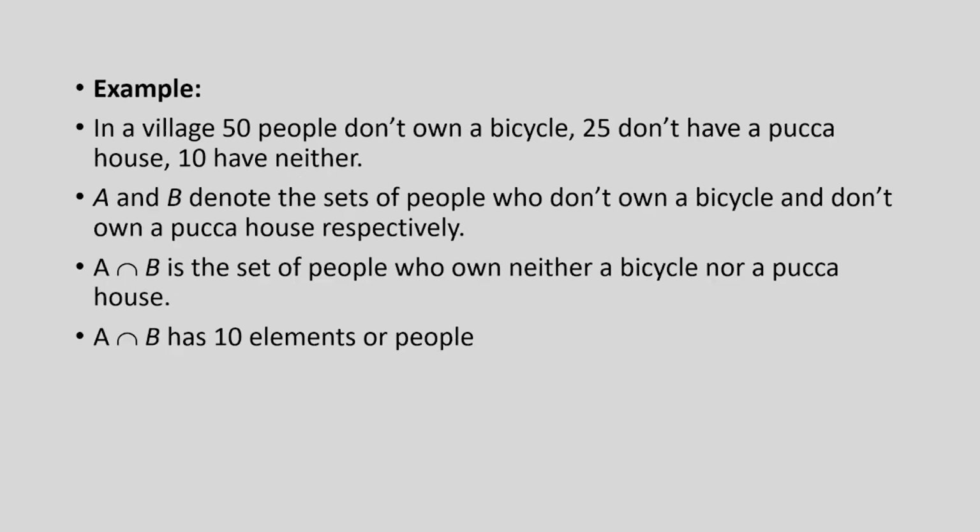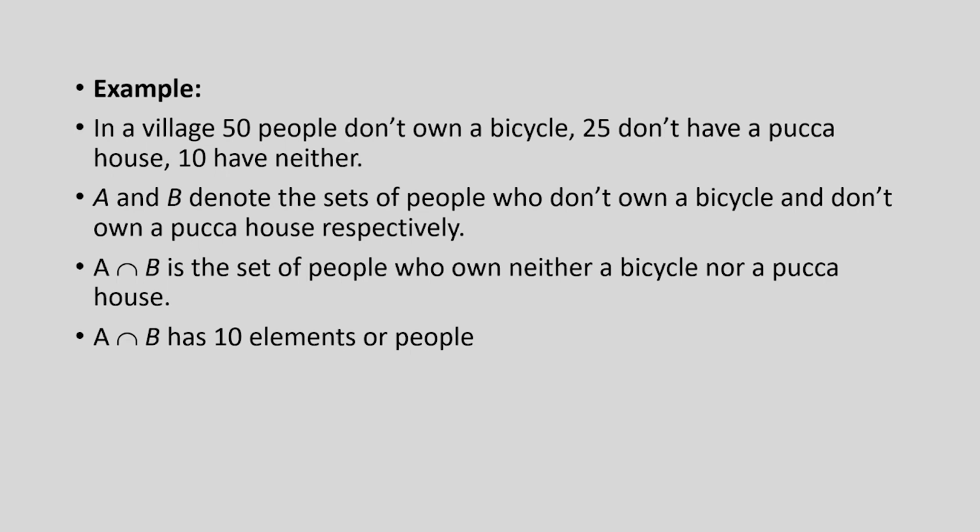Okay, now I am going to take a more real life kind of example. This kind of example one encounters in economics. In a village, 50 people do not own a bicycle, and 25 do not have a pakka house.